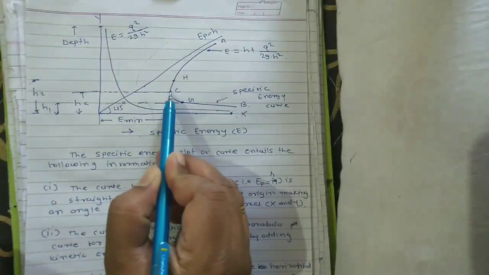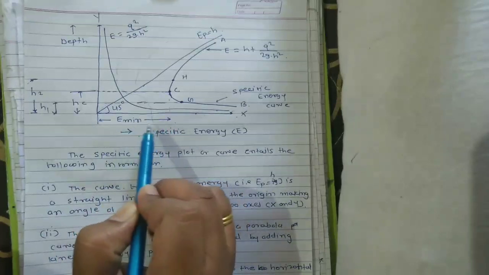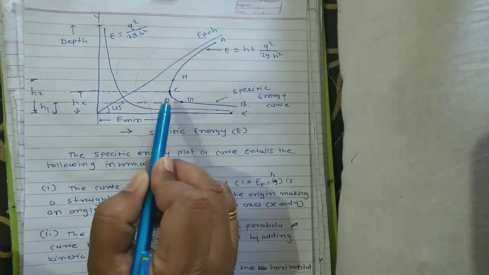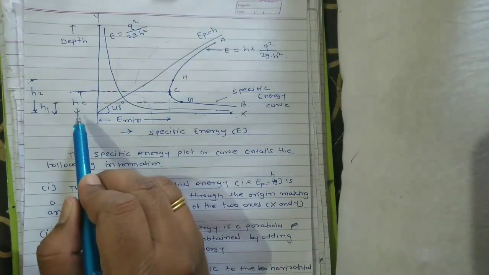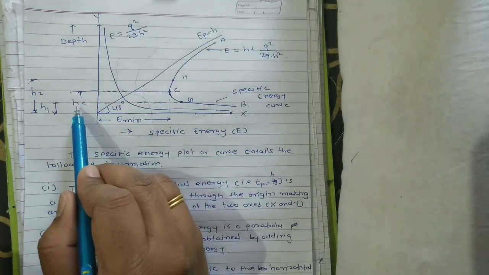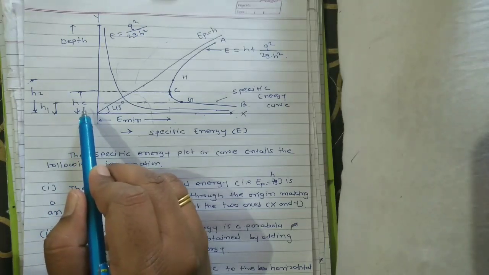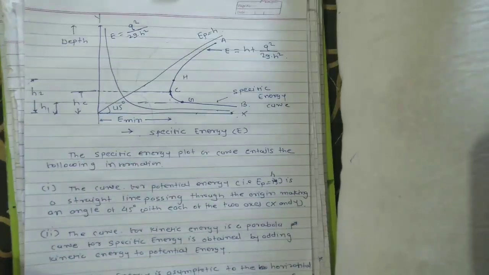If you observe this point c, the specific energy is minimum. The corresponding depth of flow where the specific energy is minimum is called the critical height or critical depth, that is hc.